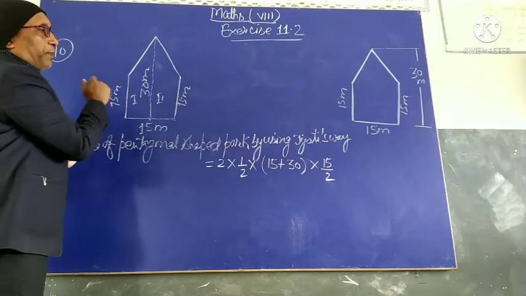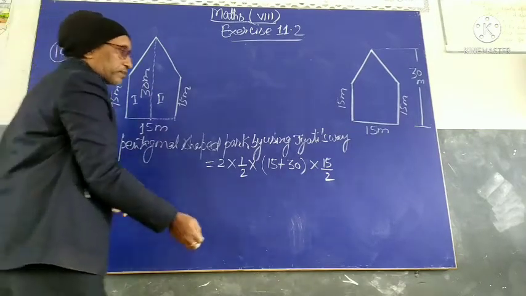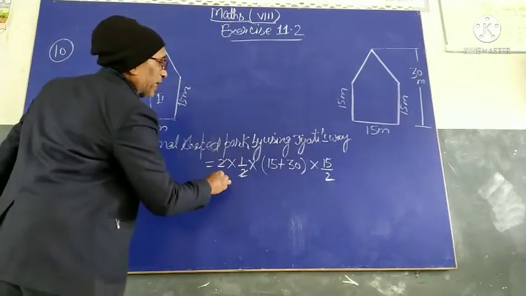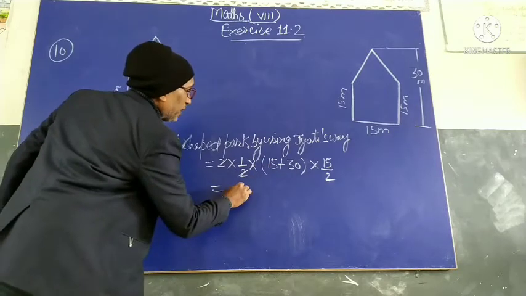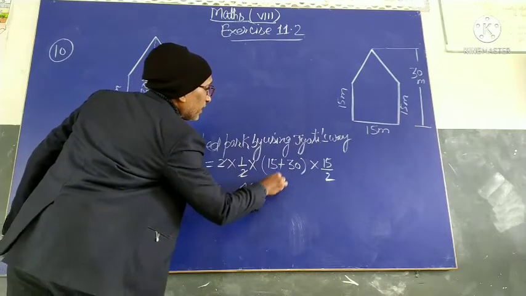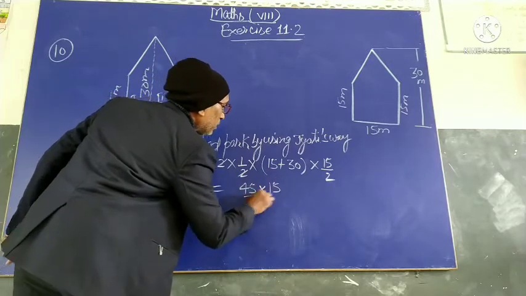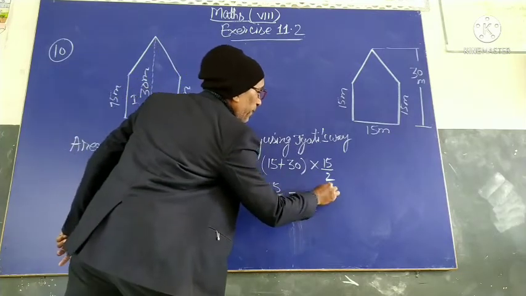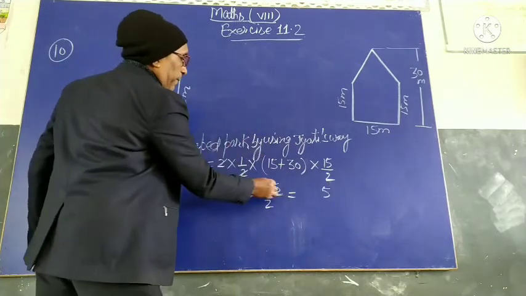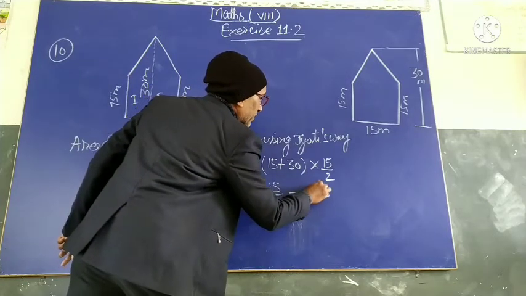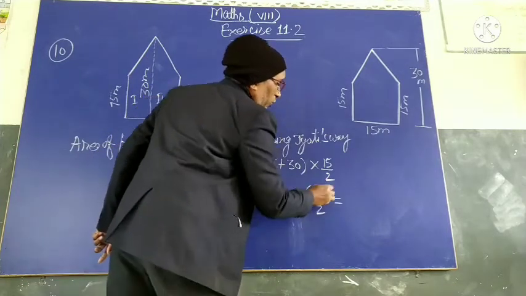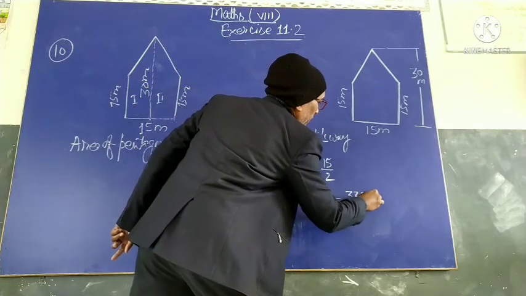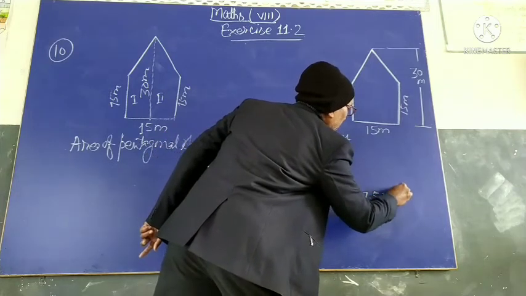Then 2 is cancelled here and you get 15 plus 30, that is 45 into 15 upon 2. When you multiply 45 by 15, you get 675 upon 2. When you divide this by 2, you get 337.5 meter square.